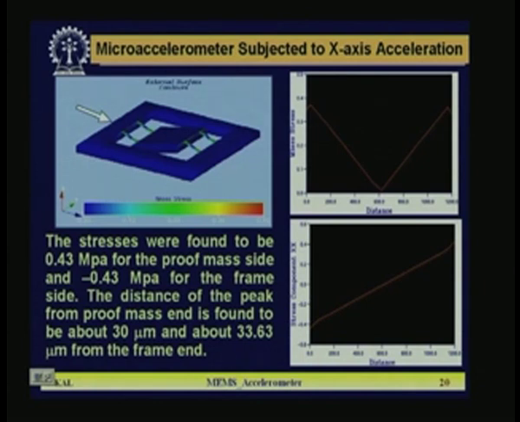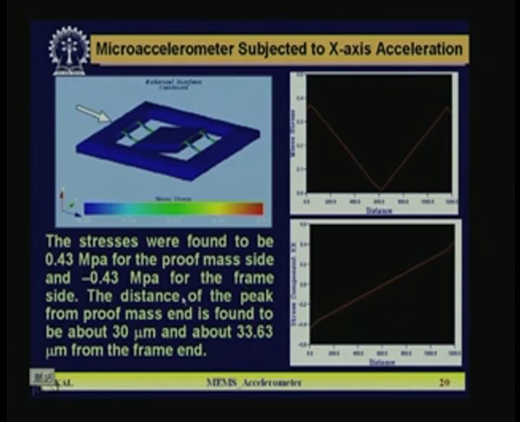Now this is x axis, the earlier table is for z axis. For x axis, the simulated result shows that the stresses were found to be 0.43 megapascal for the probe mass side and minus 0.43 megapascal for the frame end side.